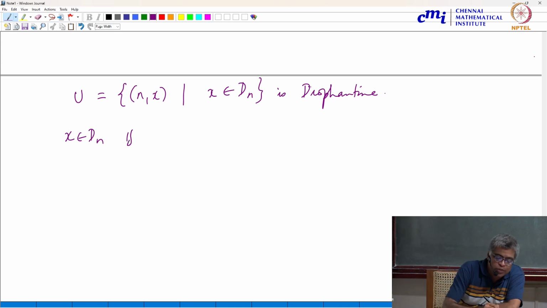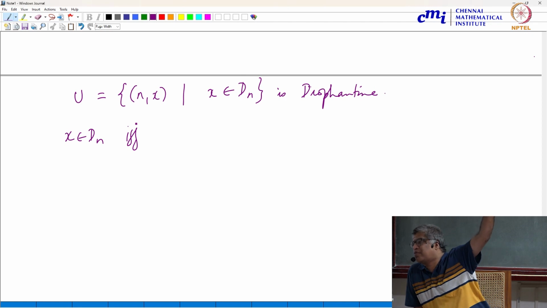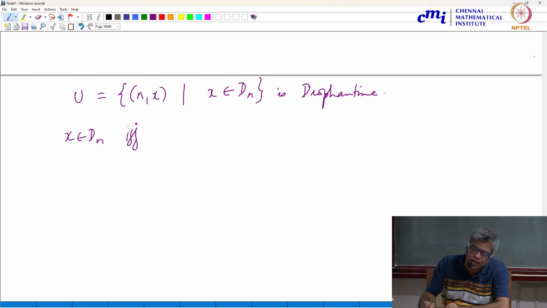So x belongs to Dn if and only if, right? You want to basically say that there is a sequence of Diophantine sets. So Dn is a Diophantine set. If it's a Diophantine set, then you should have somehow followed this earlier construction, that enumeration that I gave.